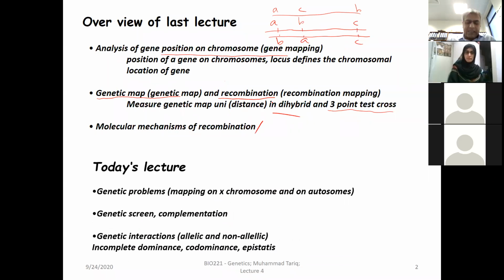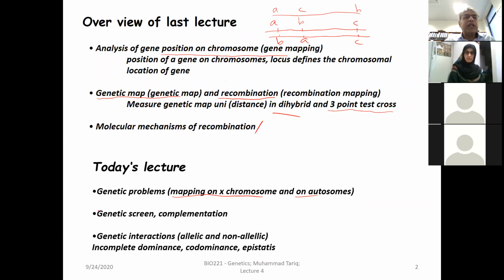Today's lecture is basically, I'll leave you a few simple problems where you are going to map genes on chromosomes, on autosomes. But before we go there, I would just like to highlight how to map genes on X chromosomes.